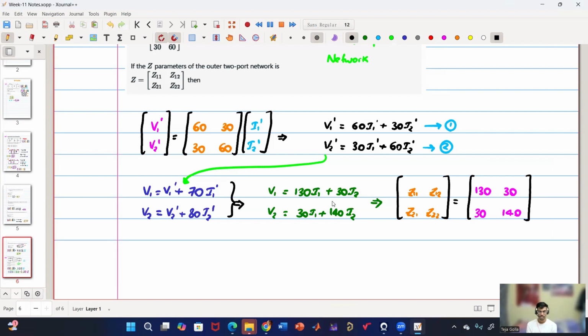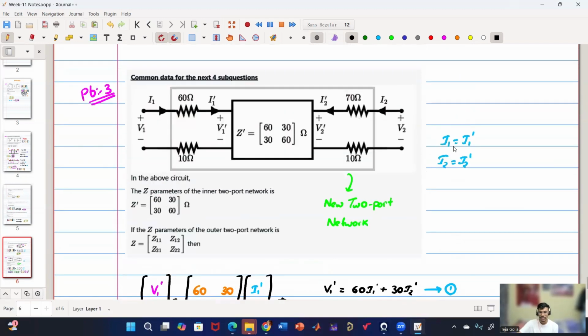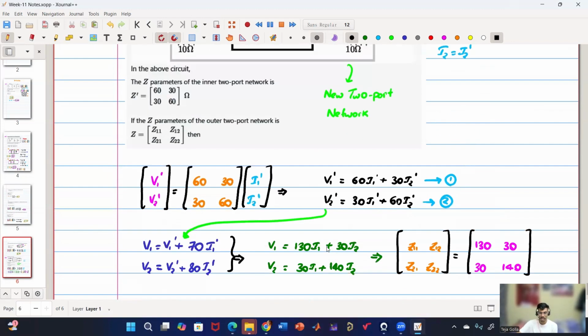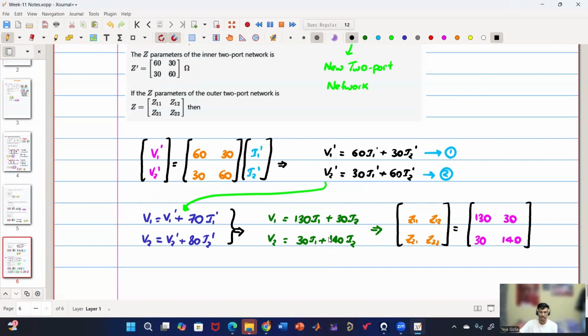So we are substituting the V1 value in V1 dash. Yes. Sir, there is one I1 dash now, but you put I1. Yes, because I1 dash is I1 and I2 dash is I2. Both are the same. So that's why I have replaced it here. Okay, sir.